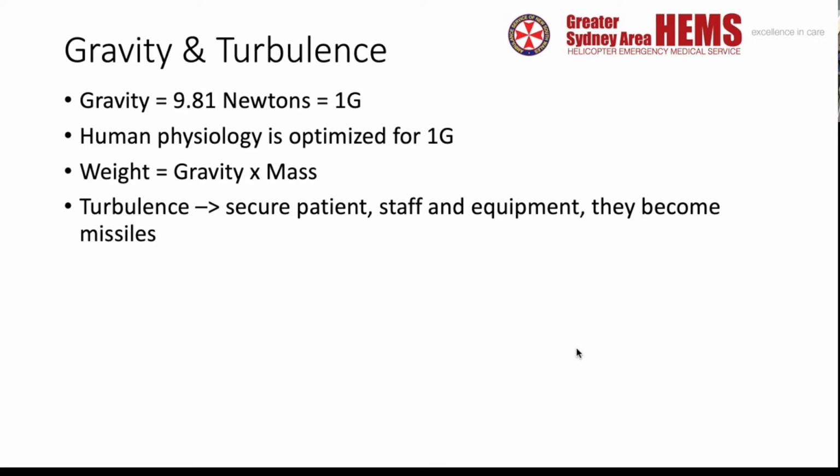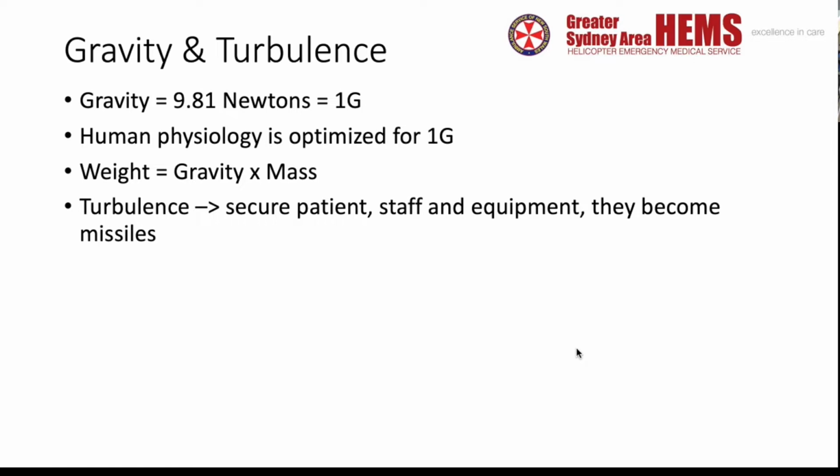So in terms of your lungs and ventilating and VQ match, your cardiovascular system, the blood supply to your brain, it's all optimized for 1 G. So obviously the more extreme you get away from 1 G, the more extreme that effect is on the body. Looking at a loss of consciousness at about 5 G.